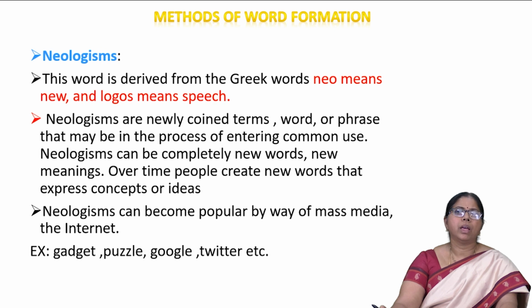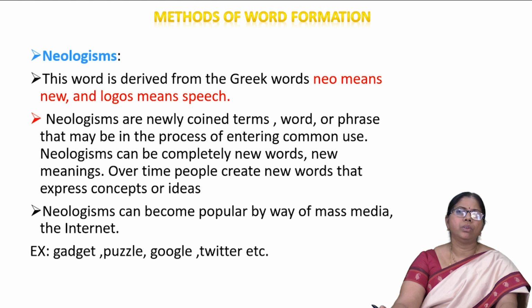Some examples of neologistic words are gadget. Earlier we were not familiar with the word gadget, but now, because of advancements in electronic technology, we call these electronic goods gadgets. Now, like phones and everything, we call them electronic gadgets.